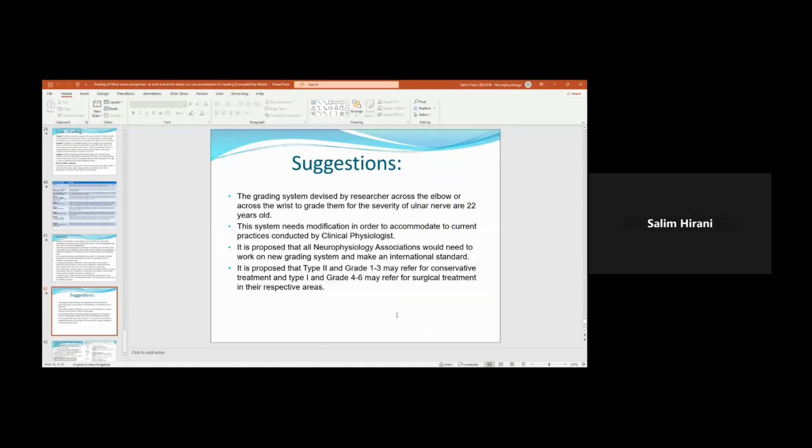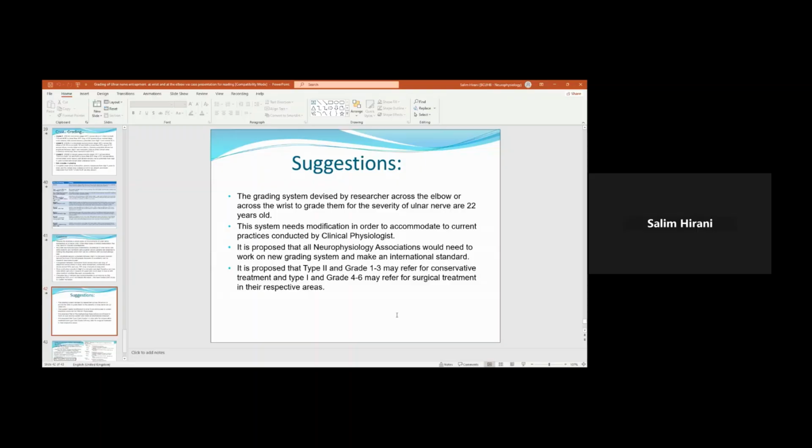So the suggestion is that the grading systems devised by researchers across the elbow or across the wrist to grade the severity of ulnar nerve entrapment are very old, and this needs to be rephrased, and more research has to be done on it.